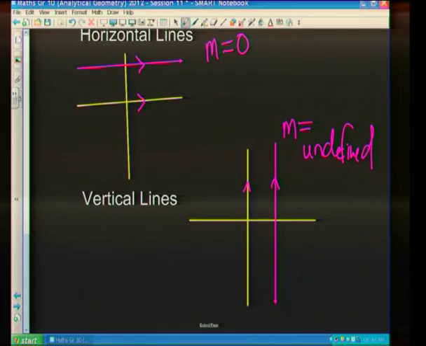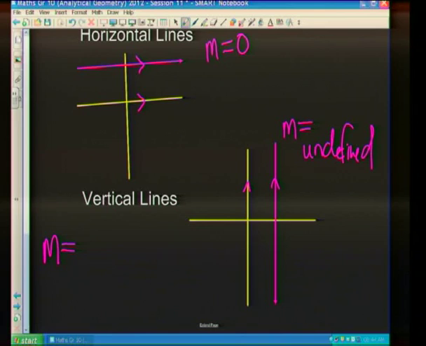It's quite interesting to note why. Remember, gradient by definition is the difference in y over the difference in x.